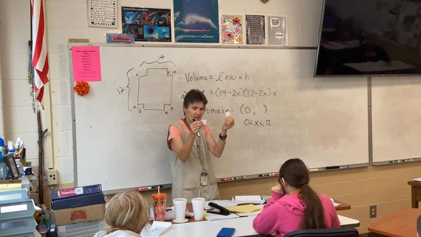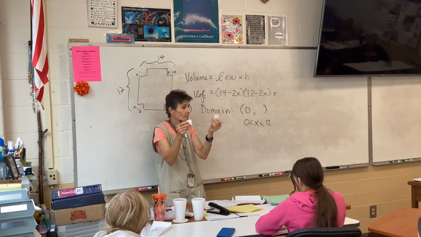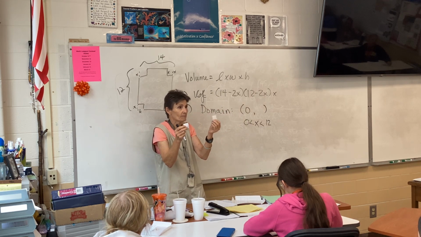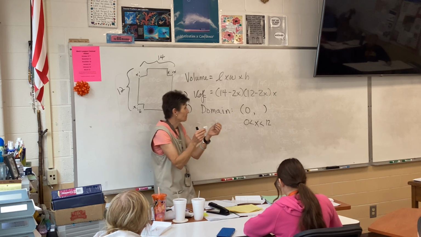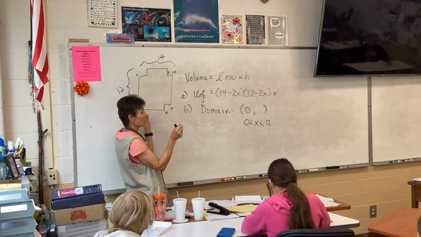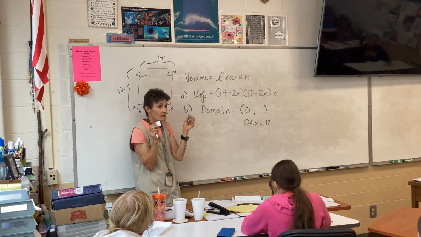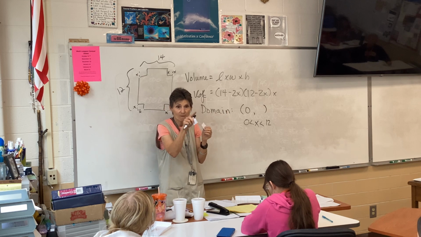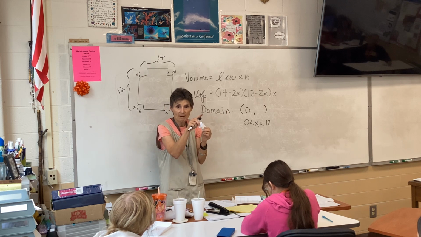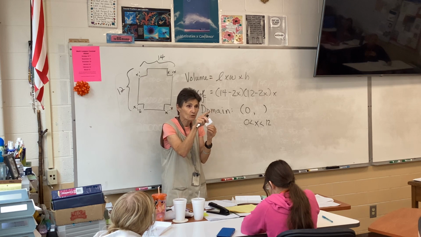How big could they be? 4. How about 5? Could I take 5 off each side? Kids, my paper's 12. If I took 5 and 5 off, wouldn't that leave me with 2 inches there to make my box? It'd be a funny looking box, but I could do it.